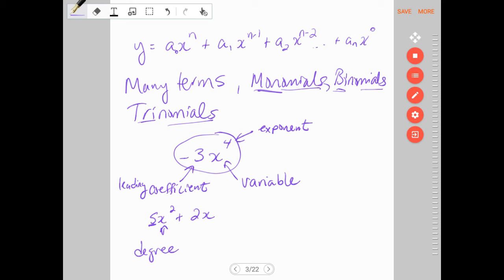Degree is the highest power on the exponent for a polynomial. Because this polynomial has two terms, we find the degree of each one. The degree of the first term is 2, and the degree of the second term, we can write that as x to the first, even though it's not generally shown, is 1. Which of those is higher? That's the 2. That tells us that the degree of this polynomial is 2.